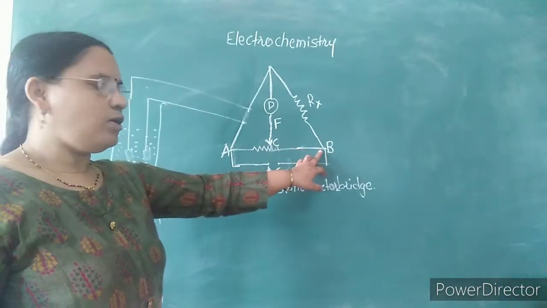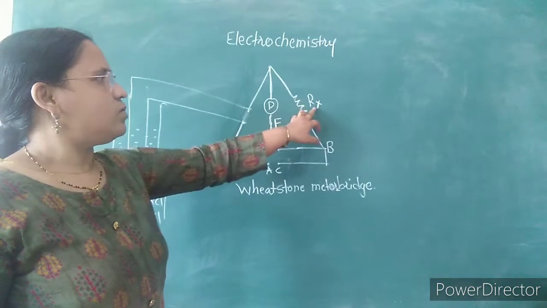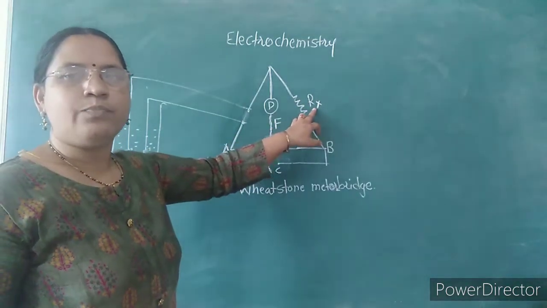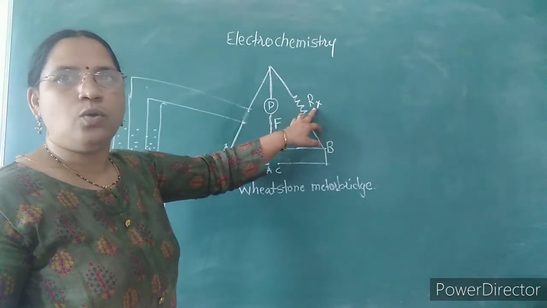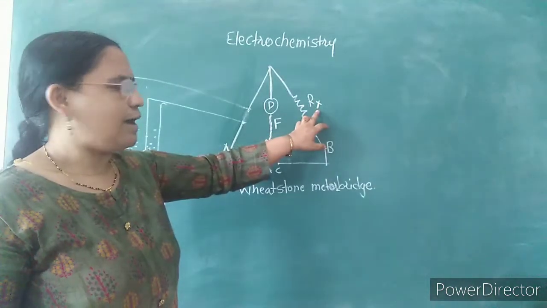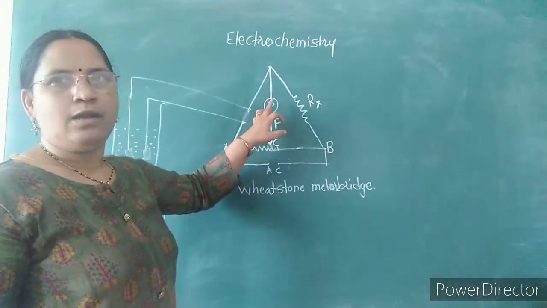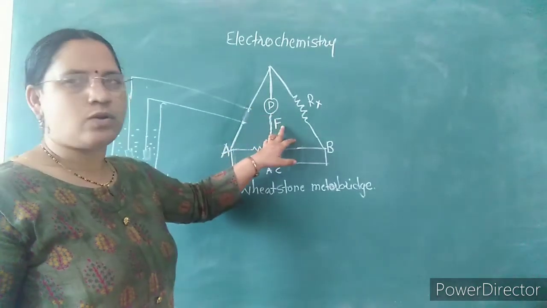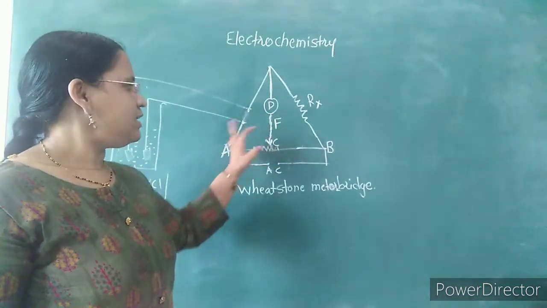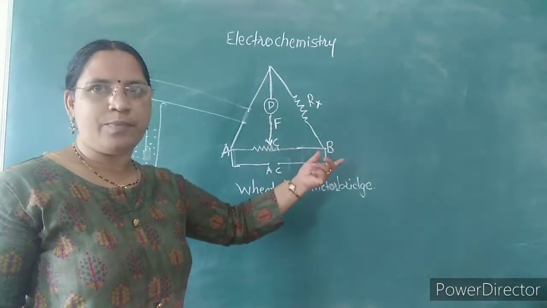And the other end, that is the B terminal, is connected to the resistance Rx, a known variable resistance. Now there is a D. What is D? It is the detector which can detect the null point, and F is called a sliding jockey. This sliding jockey is movable. It can move along the wire A and B.